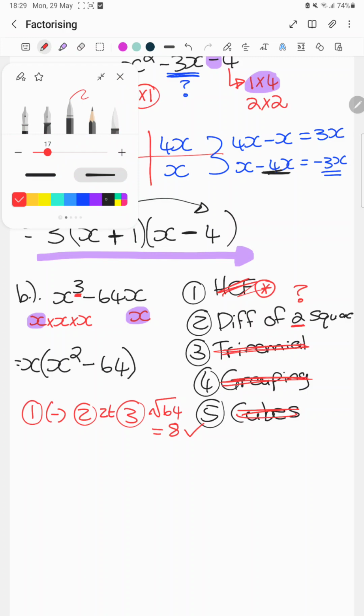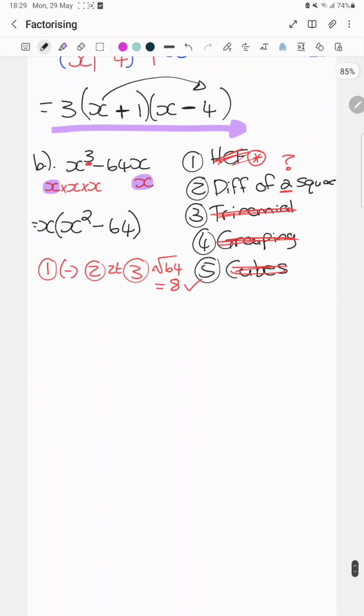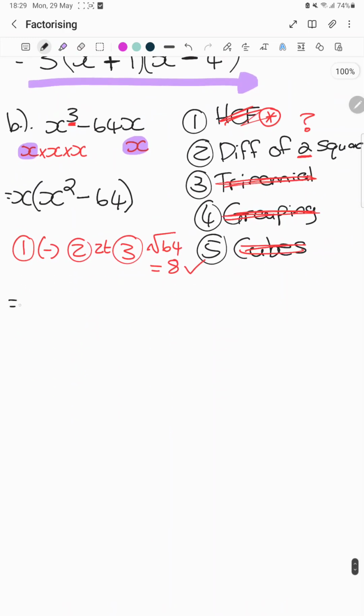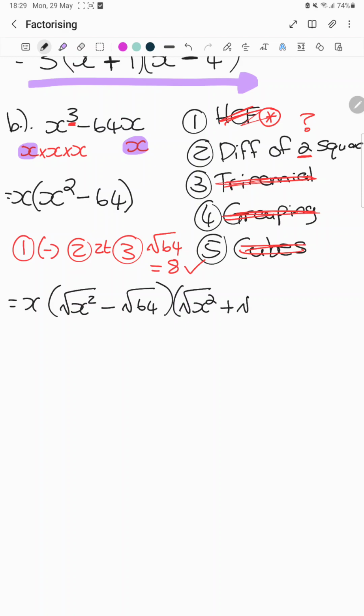Alright, so let's factorize this then. It's the difference of 2 squares. So I'm going to have the square root of x to the power of 2 minus 64 in a square root. And I'm going to have the same bracket, however this time it is a positive. Alright, you don't have to write this step, but if it helps you, perfect.